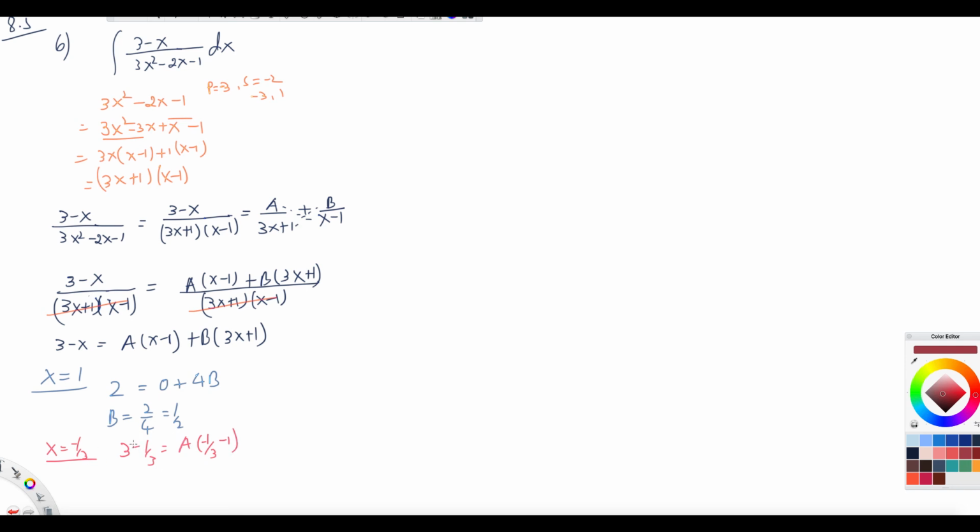So this makes the left side positive, because you get 3 plus 1/3. On the left, 3 times 3 is 9, plus 1, is 10 over 3, equals A times −4 over 3.